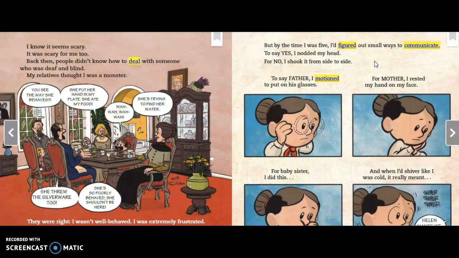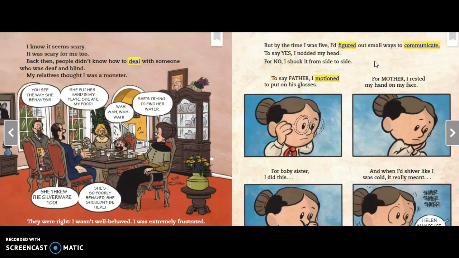I see some ellipsis, the ... See where it says for baby sister, I did this, ... And when I'd shiver like I was cold, it really meant ... So the author uses this to remind you to pause. Something big is coming up, and he wants you to pay attention to it.